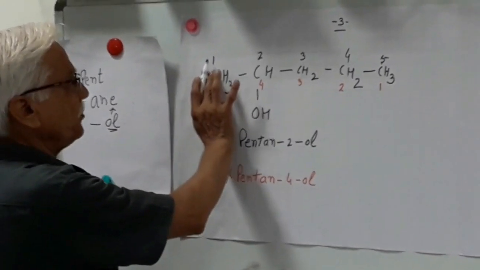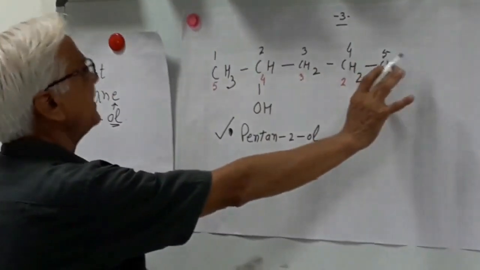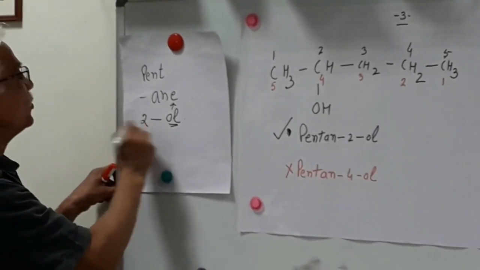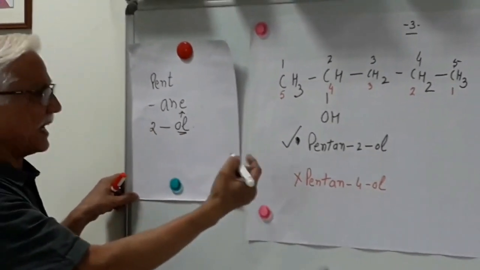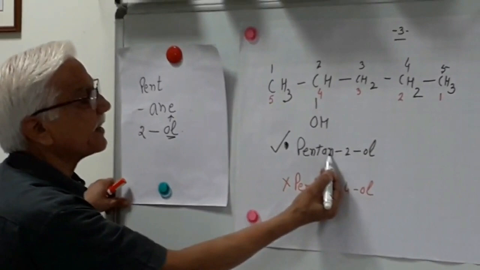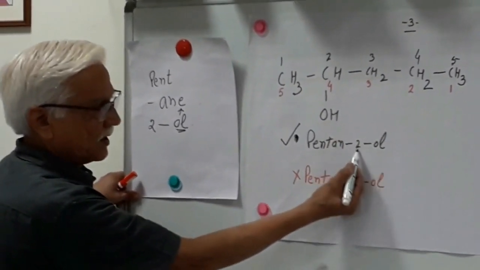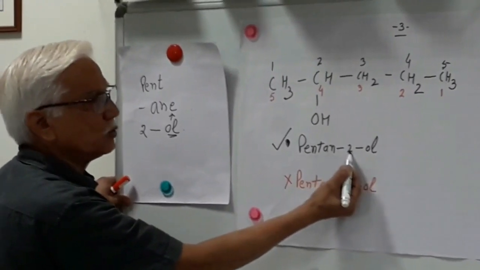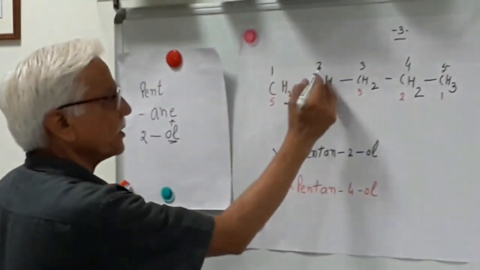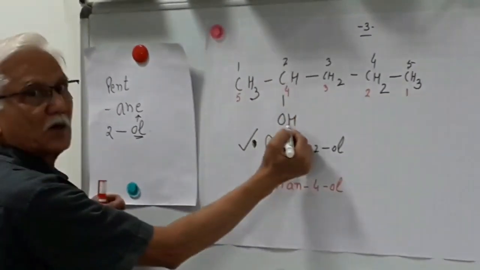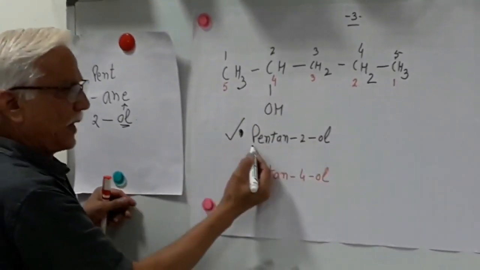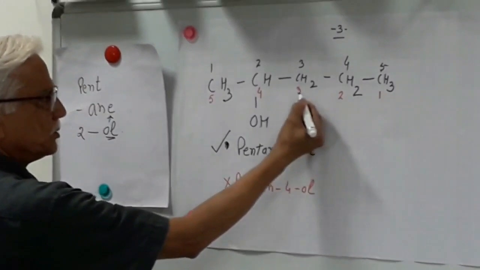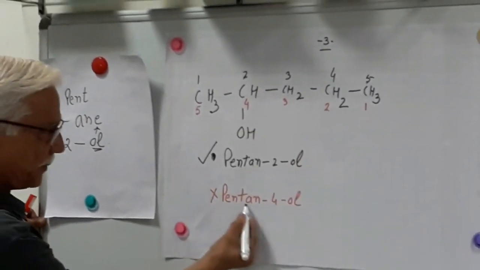See, if I go from this end to this end, then it will be pentan-2-ol, the "e" is replaced, then the position, and then "ol". If I go from here to here, this is the second position. If I go from the red side, 1, 2, 3, 4, then it is the fourth position, pentan-4-ol.